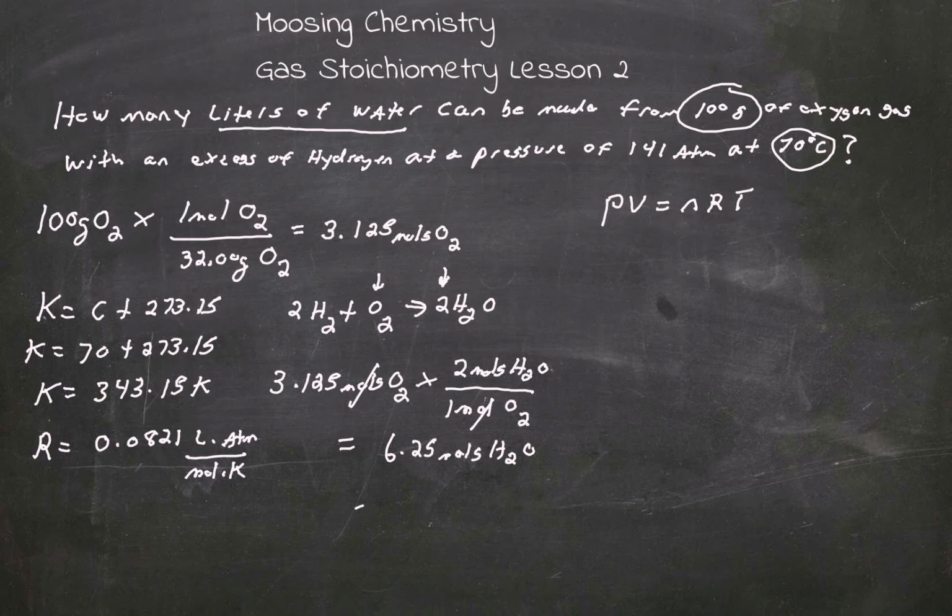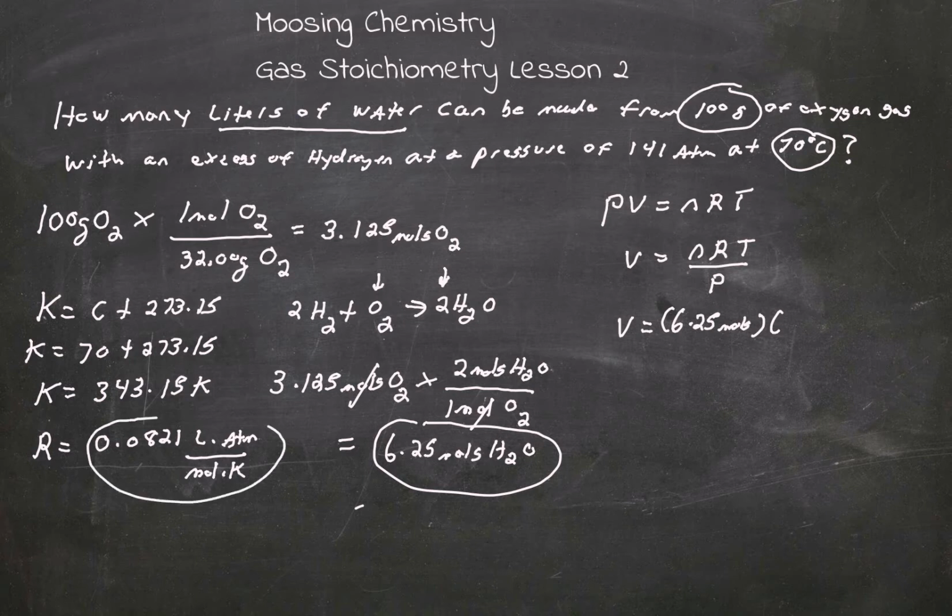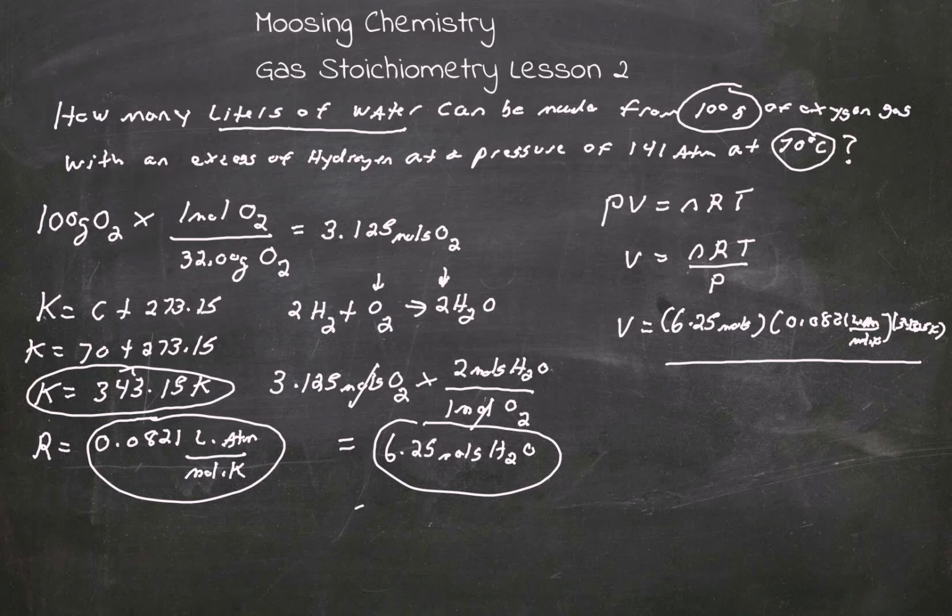Okay, now we're ready. We're looking for liters, because that's volume. So V equals nRT over P. n is our number of moles, so that's going to be 6.25 moles, times our R value, our constant, 0.0821 liters times atmospheres over moles times Kelvin, times our temperature, 343.15 K, divided by our pressure, which was 141 atmospheres.